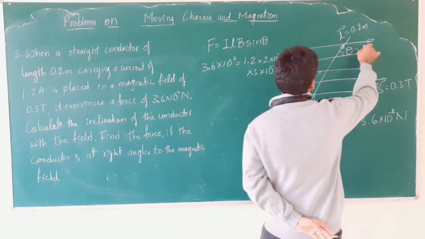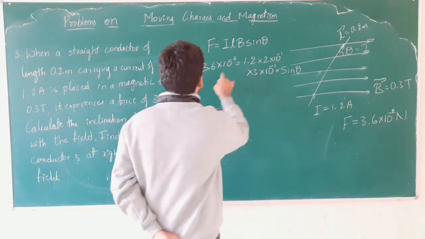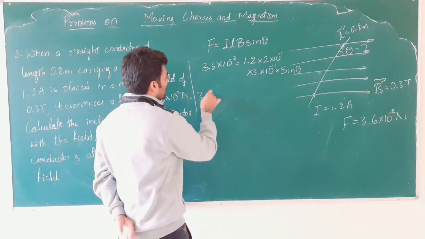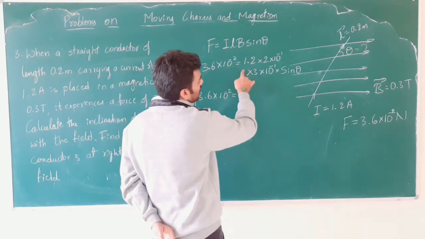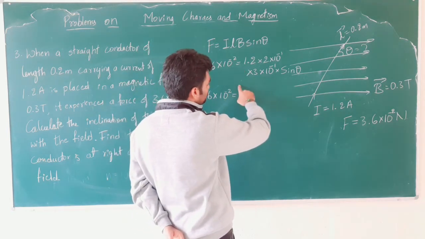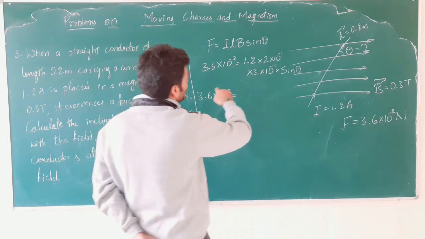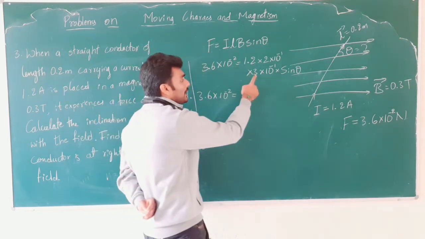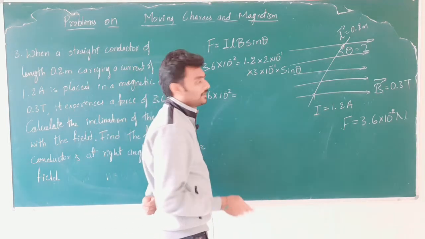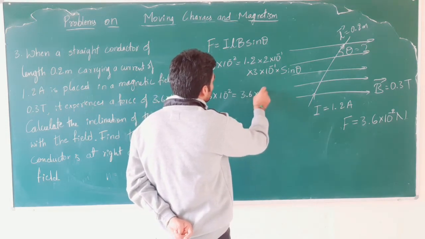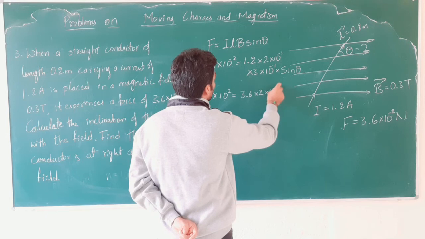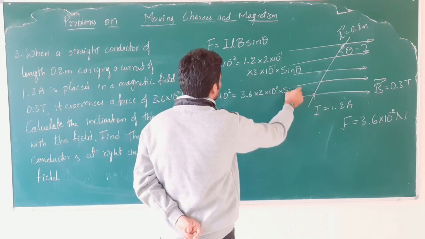That's it. Look at this. LHS is 3.6 × 10^-2. If you simplify this, 1.2 into 3, 12 threes are 36. So it is going to be 3.6 × 2 × 10^-2 into sin theta, right?